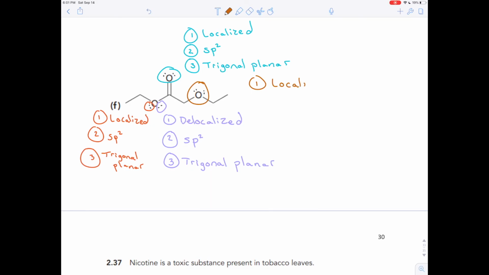No resonance pattern, that means they're stuck in one location. And if it's localized, then there's no energetic reason either of these lone pairs would prefer to be in a p orbital. So all three p orbitals mix with the s orbital, and you get sp3 hybridization on those.